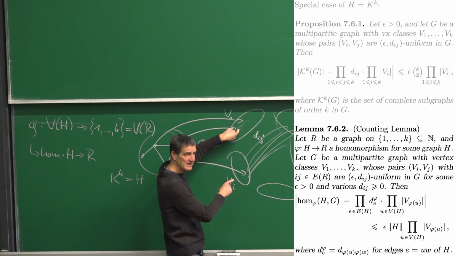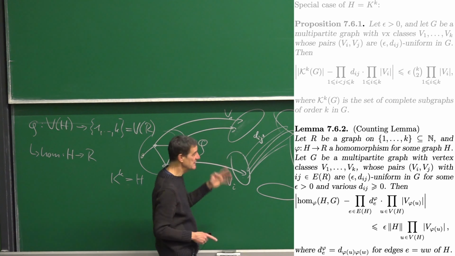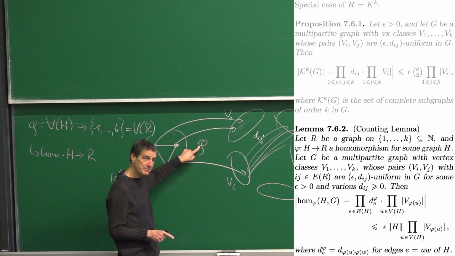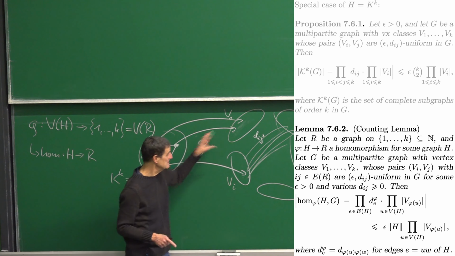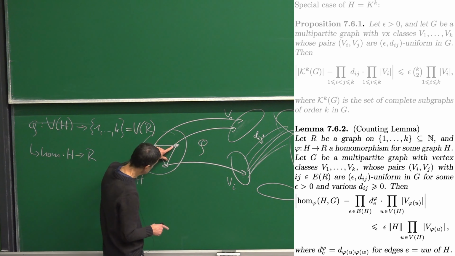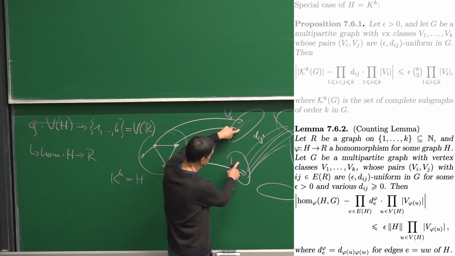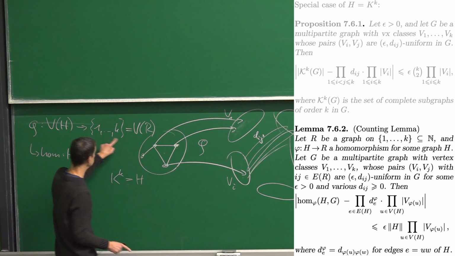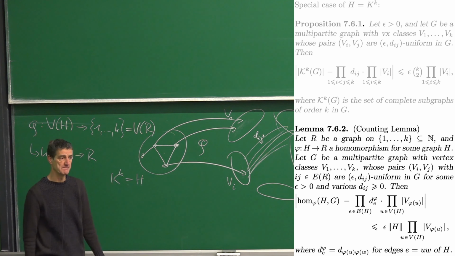For our purposes now, R is just a graph that has certain edges, and we're requiring of this index map that pre-assigns classes to the vertices of H that adjacent vertices get mapped to two classes whose indices form an edge in the graph R.